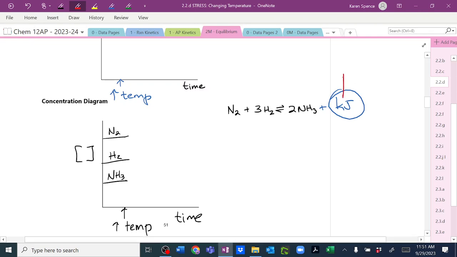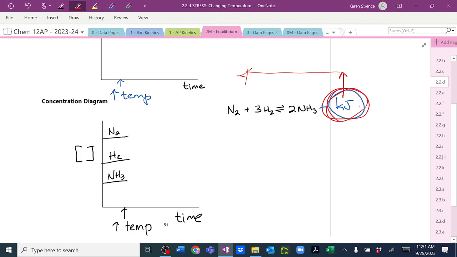You're not really doing that, but you can use this same trick where you say, I've increased it on the right, and so I am shifting away from the increase. So when you increase or decrease temperature, you use the kilojoules as the thing you're increasing or decreasing. It's not a real explanation, it's just to predict the shift quickly.